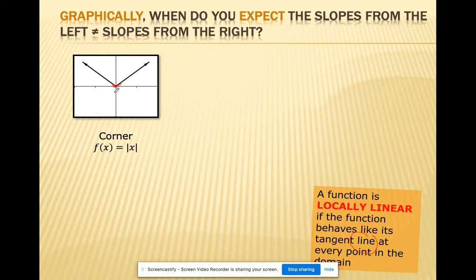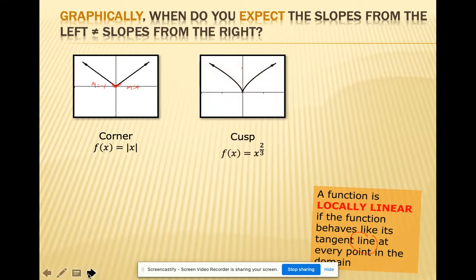You can kind of think of the slopes from the left as constantly -1, and the slopes from the right constantly +1, and they come screaming in towards one another, and the slopes do not gradually approach any number. Kind of the same thing as a cusp.